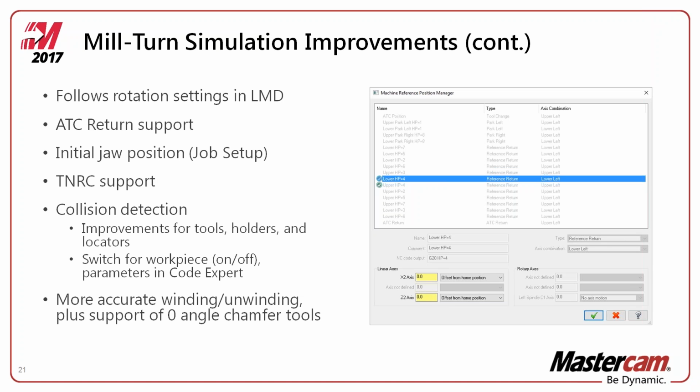There are also a couple of improvements to the tool mill's radius compensation, as far as the job setup with the jaw positions and things like that, and of course the unwinding and winding up of the tools.